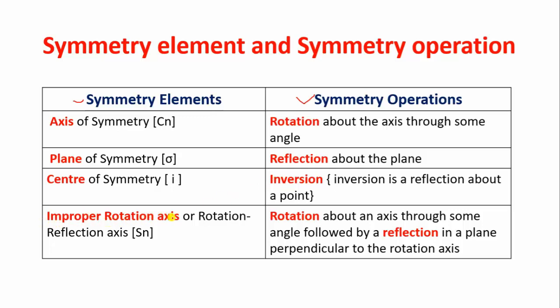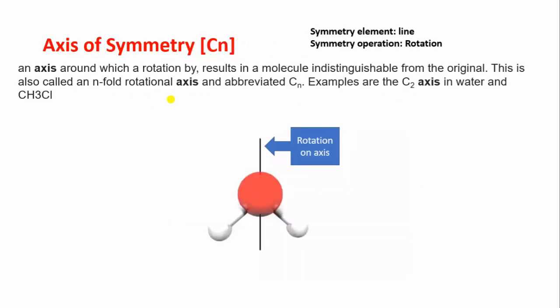Improper rotation axis can be understood by rotation about the axis through some angle followed by reflection in a plane that is perpendicular to the rotation axis. We will learn in detail the different symmetry elements. So first is the axis of symmetry.